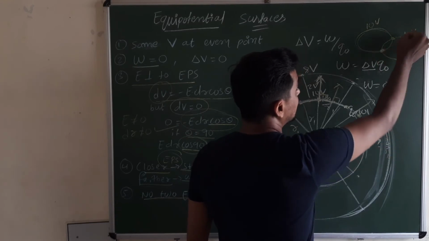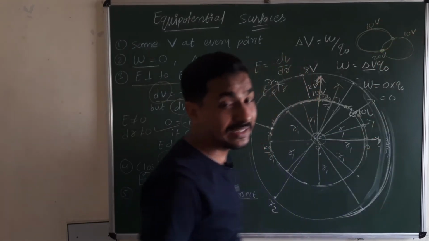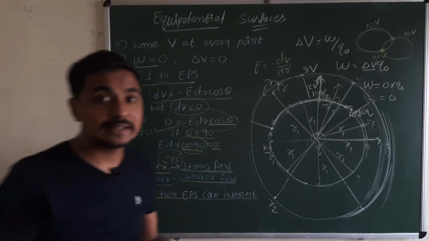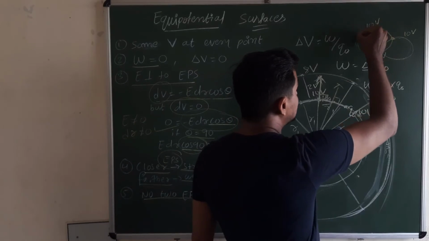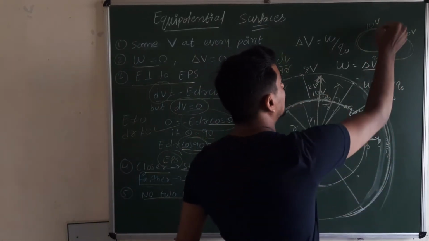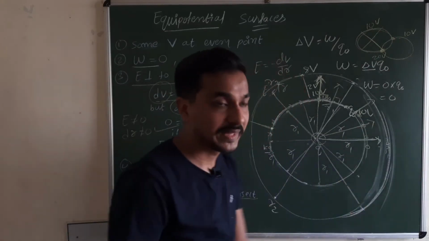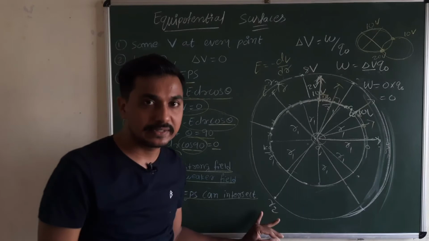At this point the potential will be 10 plus 10, 20 volt. So if they intersect, you will find a net electric potential at that point. If this point is at 10 volt and here it is 20 volt, then we cannot call this an equipotential surface, and hence no two equipotential surfaces can intersect.